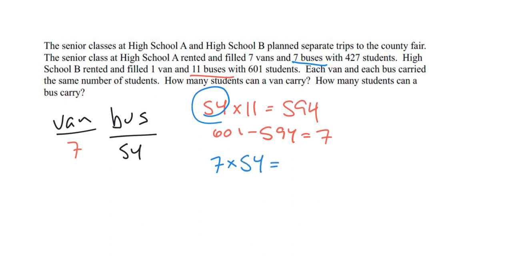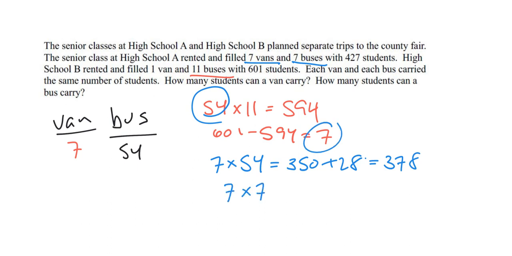So 7 buses. So 7 times 54 on a bus. See, that's 350 plus 28. That's 378. And then we've got 7 vans at 7 each. So 7 times 7 equals 49. We'll add those up. 8 and 9 is 17. So that's 8.